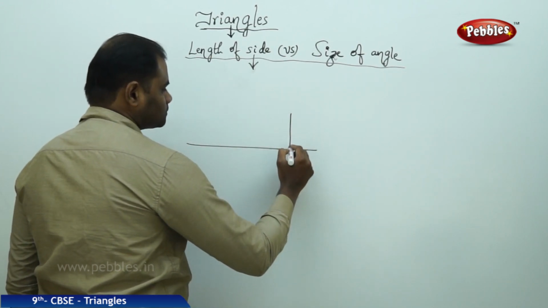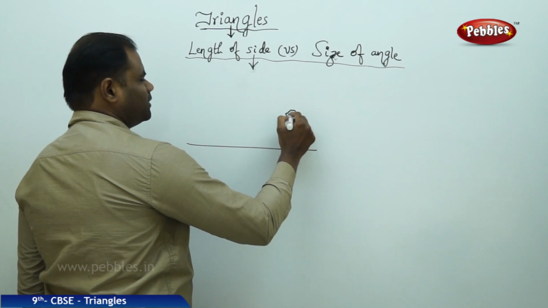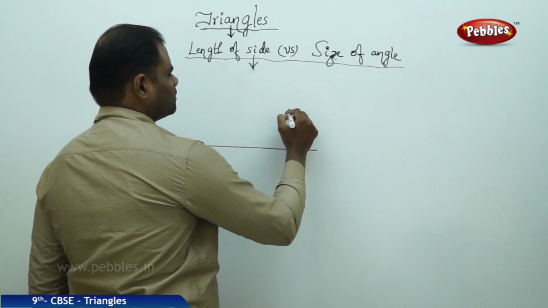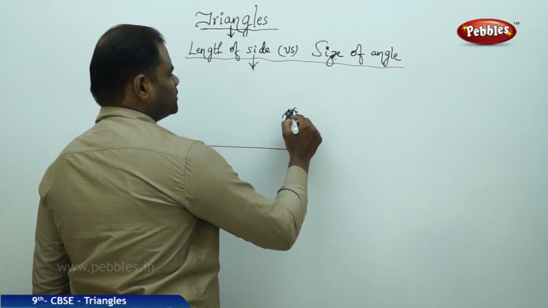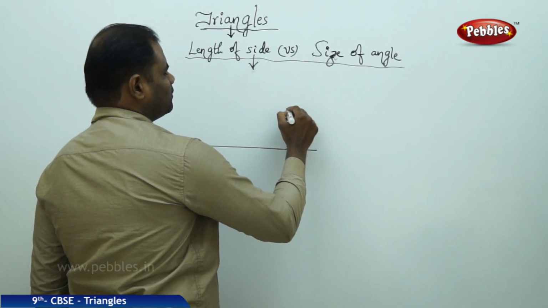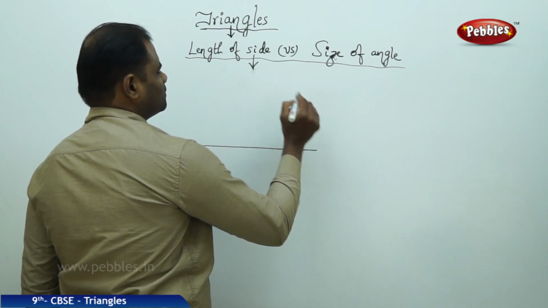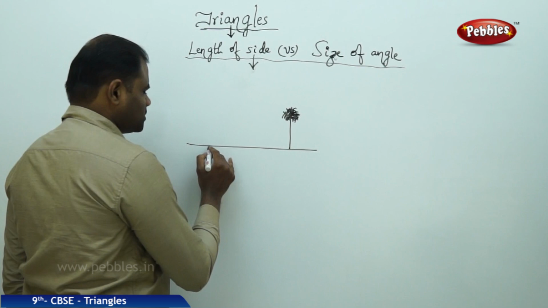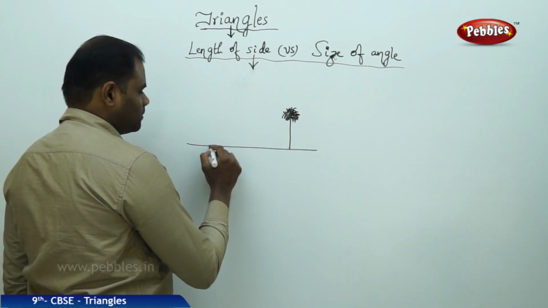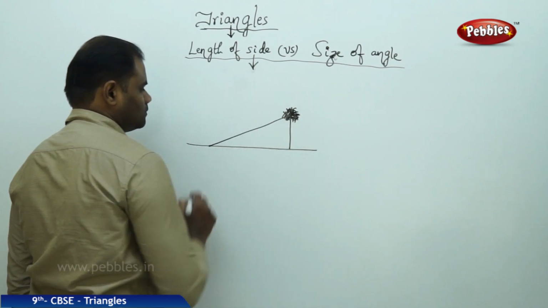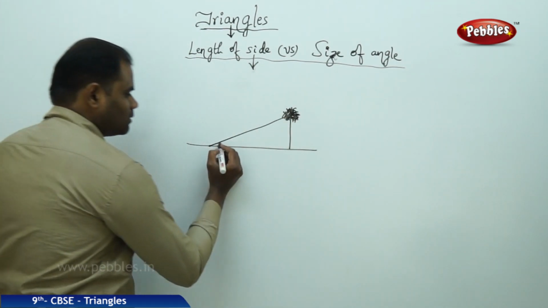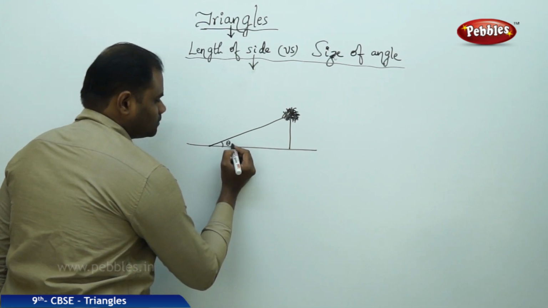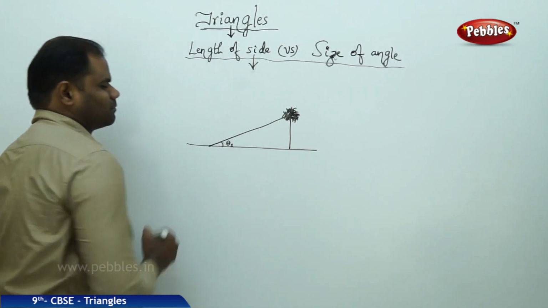Imagine I have a tree out here, or this is a palm tree which I have out here. So imagine this as the palm tree which I have, and I'm standing out here to watch the palm tree. Now I have an angle, say this angle is theta 1.